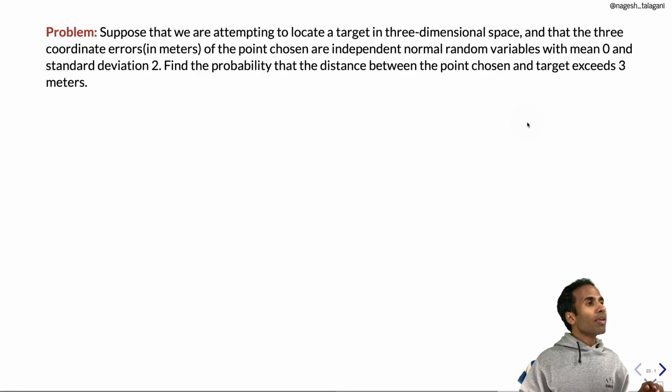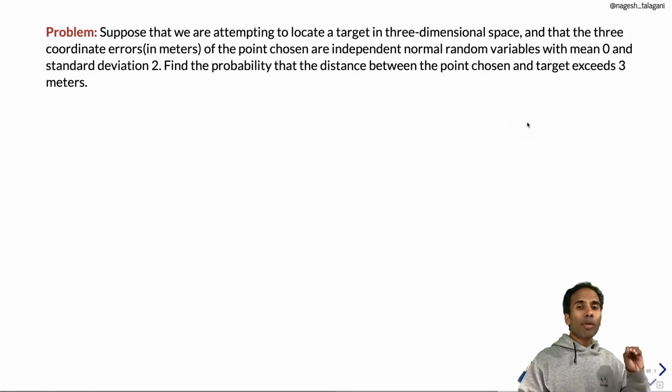Suppose that we are attempting to locate a target in three-dimensional space and that the 3 coordinate errors in meters of the point chosen are independent normal random variables with mean 0 and standard deviation 2. Find the probability that the distance between the point chosen and the target exceeds 3 meters.